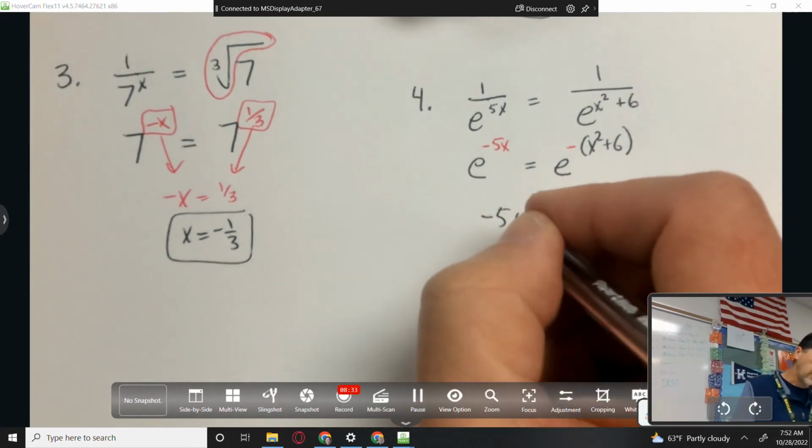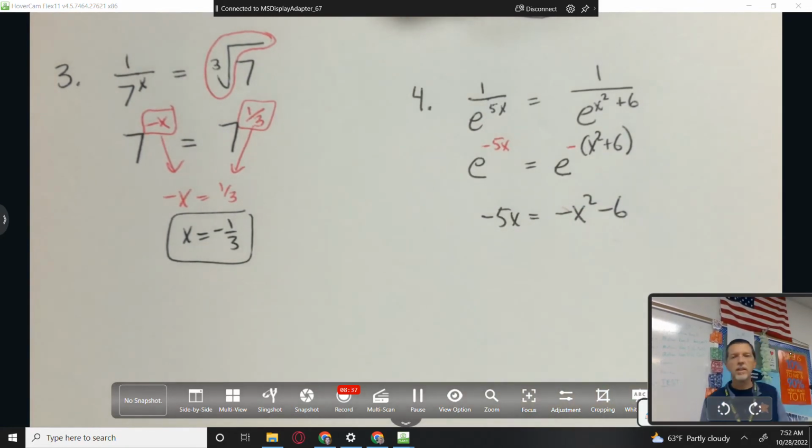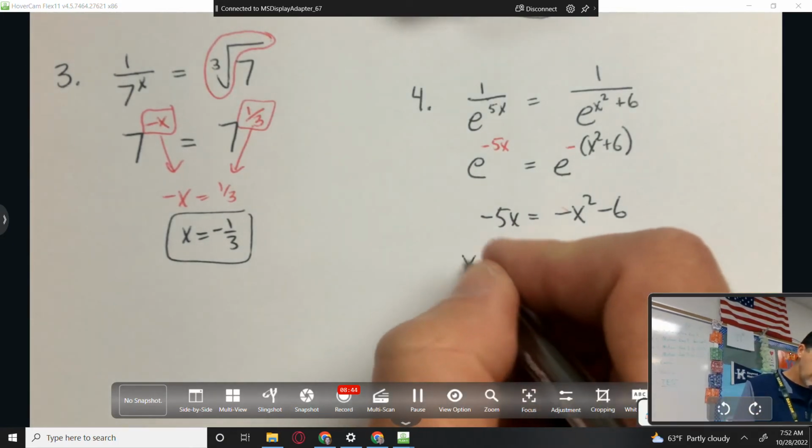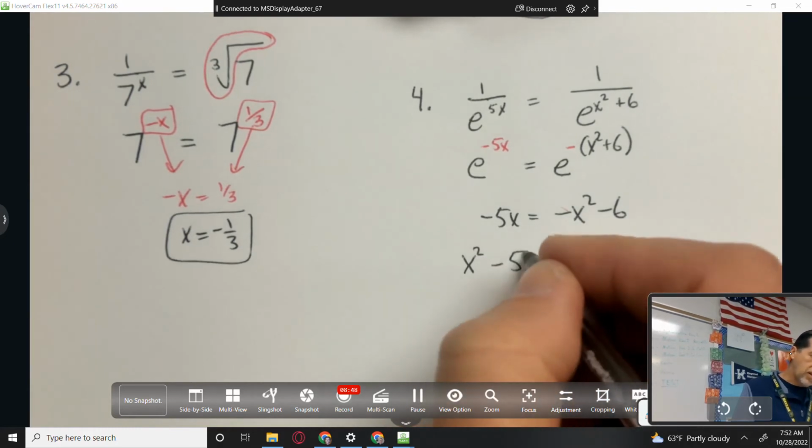So negative 5x equals negative x squared minus 6. And congratulations, we just stumbled into a quadratic. So x squared, I'm going to move it to the right so my x squared is positive.